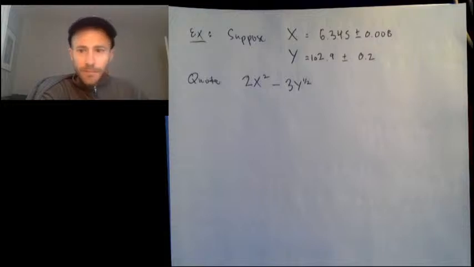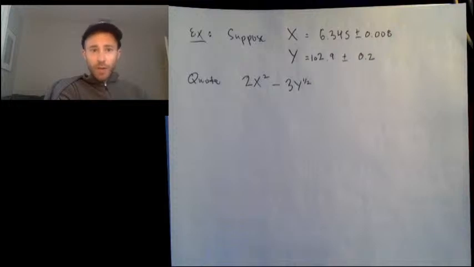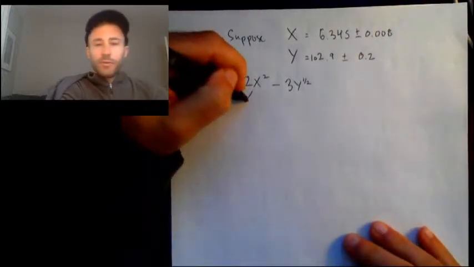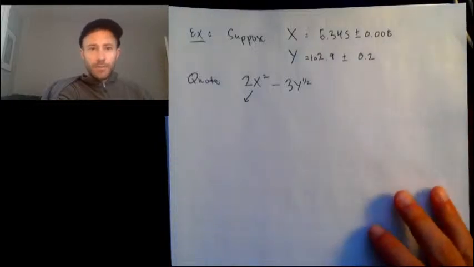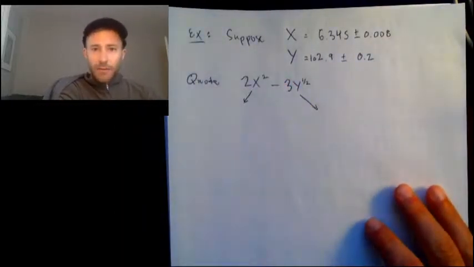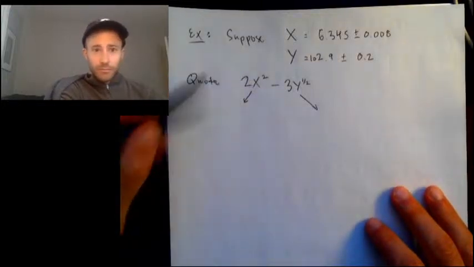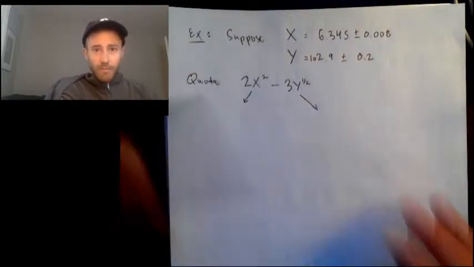So there you have it. We're basically going to treat this as three separate problems. We're going to quote a value for 2x squared, we're going to quote a value for 3y to the 1/2, and then we're going to combine those because they're subtracted. Okay?